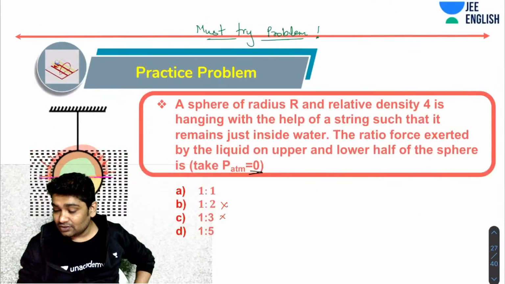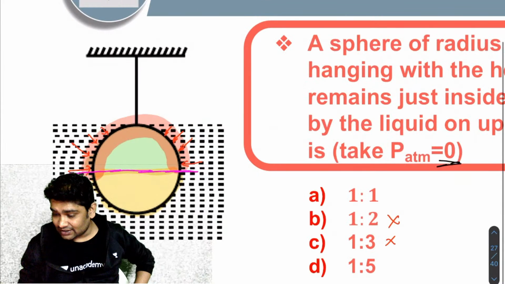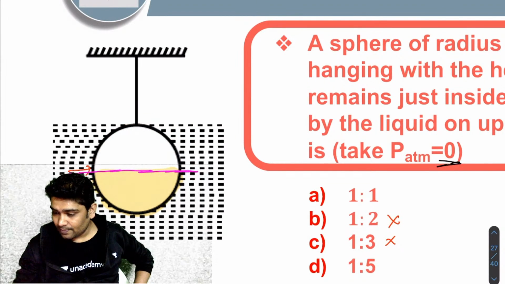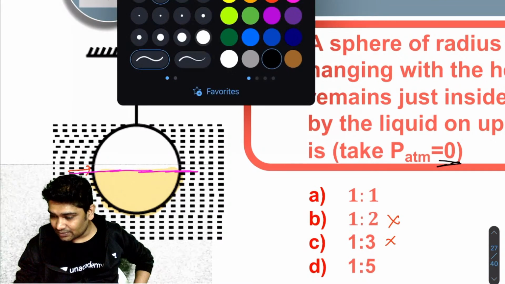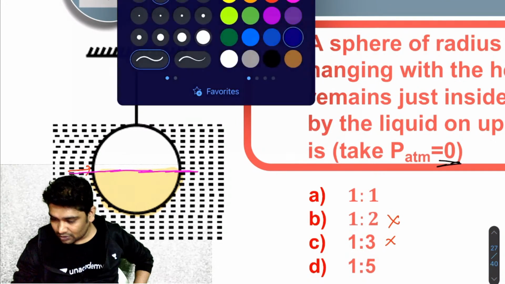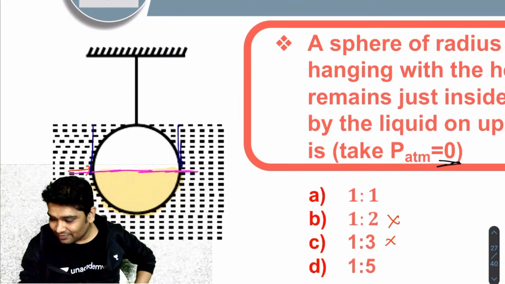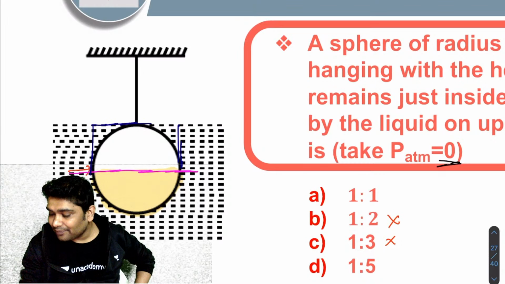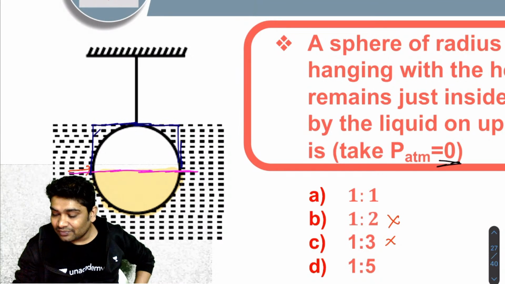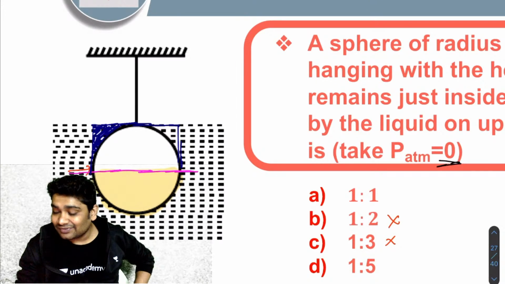So the alternate way of calculating this is this. You consider this portion. Consider this portion. And consider this liquid. The liquid in this portion.